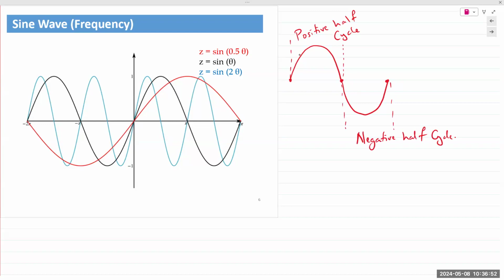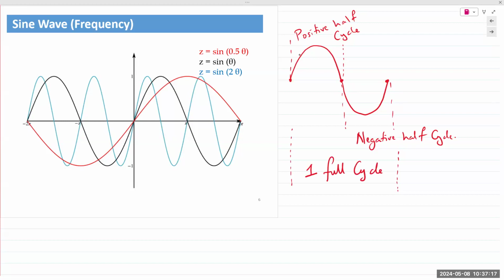The moment where the waveform goes from 0, goes to positive, negative, and then comes back to 0, we say it has completed one full cycle. Okay, one full cycle. So 2 half cycles added together would give you one full cycle.